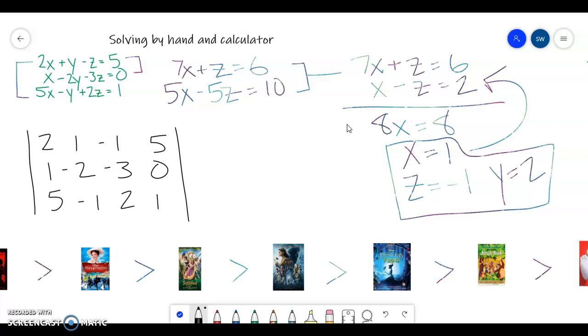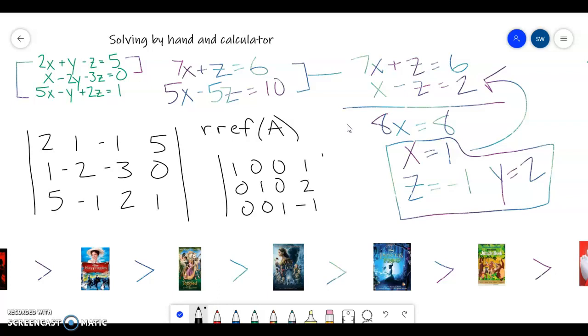Then use RREF in the calculator. RREF is under the matrix tab, and it will spit out the identity matrix on the left side and the answers on the right, which in this case would be 1, 2, negative 1.